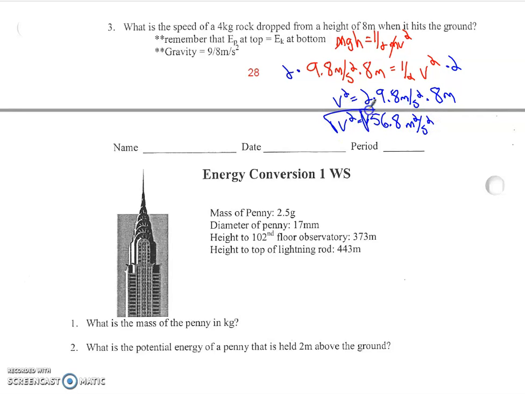And then if we want just velocity, we can take the square root of that. So velocity equals 12.5. And remember the unit, since you have meters squared per second squared, and you're taking the square root, the squares go away, and you get meters per second. All right, so you have to remember, law of conservation of energy. It means the total maximum potential energy equals the total maximum kinetic energy.